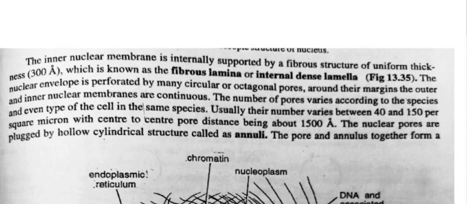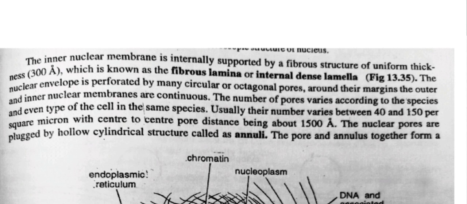When we study nuclear pores, the number of nuclear pores varies according to the species and even the type of the cell in the same species. Usually their number varies between 40 to 150 per square micron, with center to center pore distance being about 1500 angstrom.